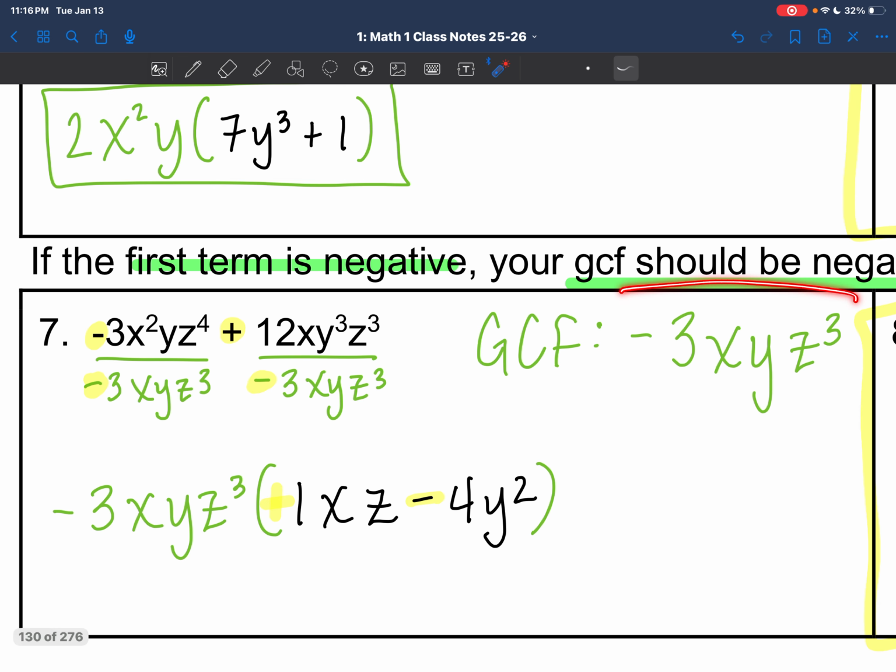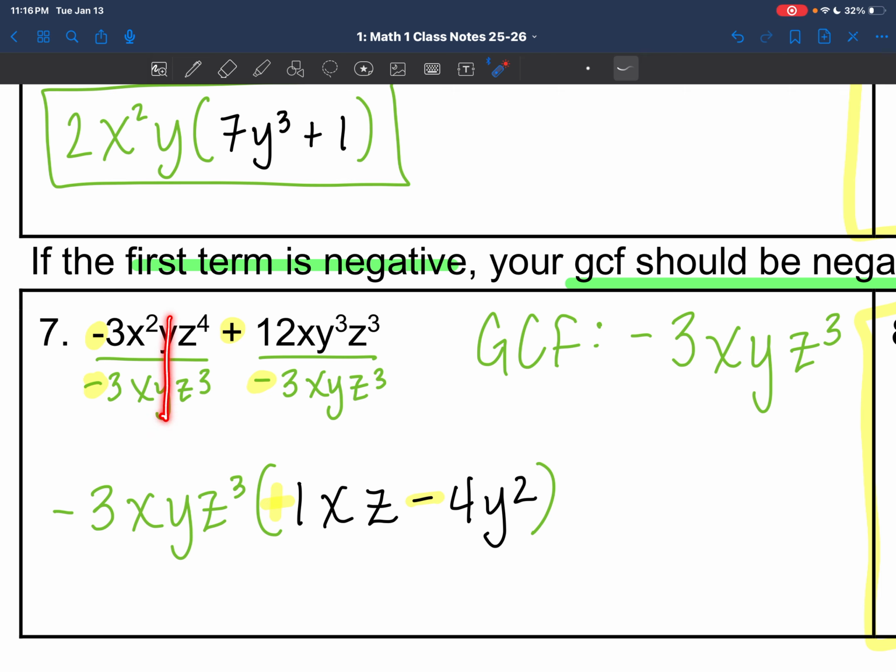So your GCF is here, and this is what you're going to divide each term by. When we divide by this, remember that's what goes outside, and whatever is left over goes inside. Now remember, I've got a negative here and a negative here. Since we divided negative 3 over negative 3, that gives us a positive 1. Then 2 minus 1 gives us 1.